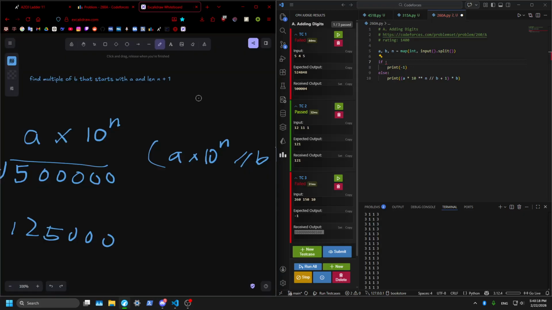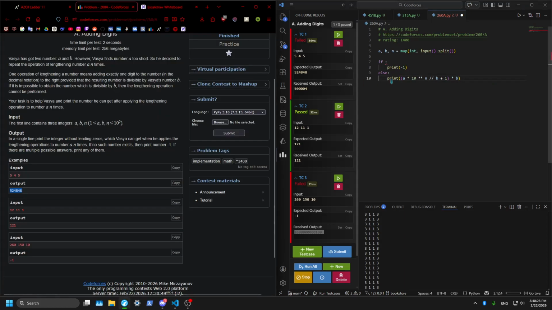I see. That's what they mean. Okay. So this is still the formula for it, though.